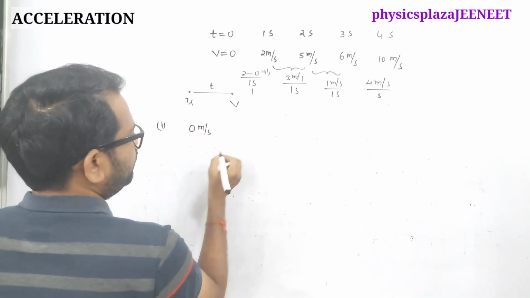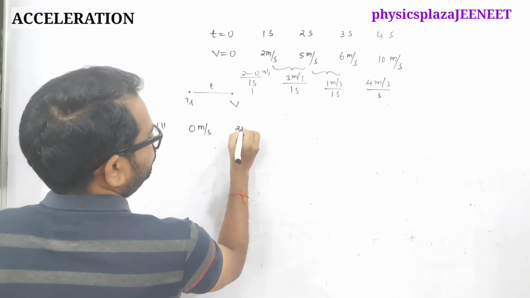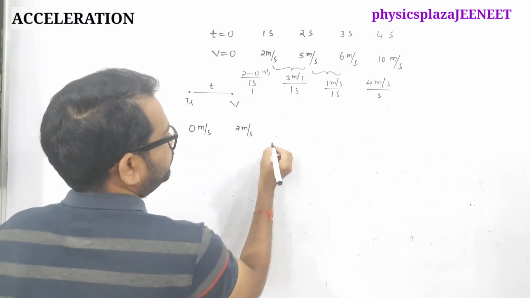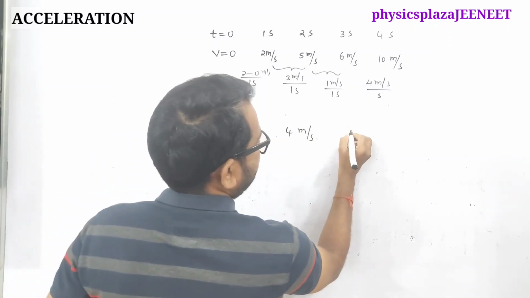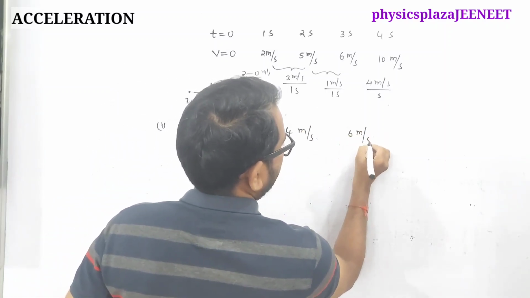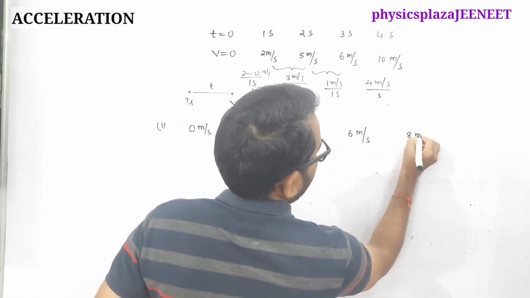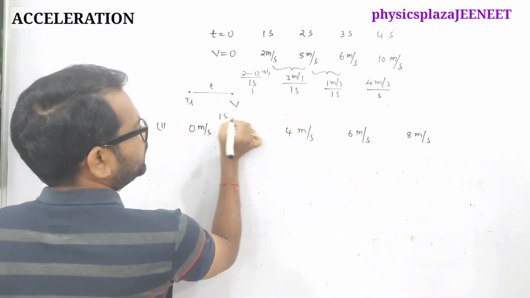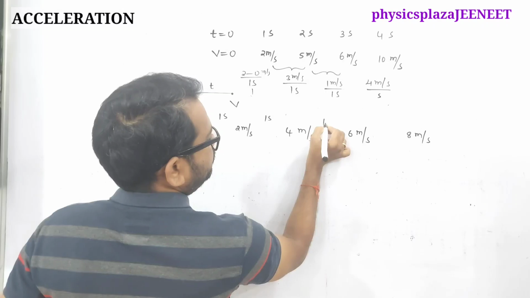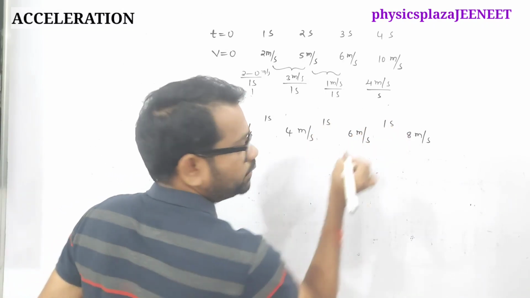After a second, let us say it is 2 meter per second. After one more second, it is 4 meter per second. Next, it is 6 meter per second. Next, it is 8 meter per second. So it is like this for every 1 second.